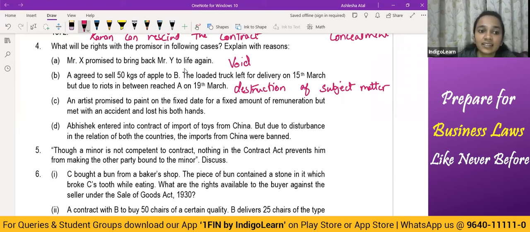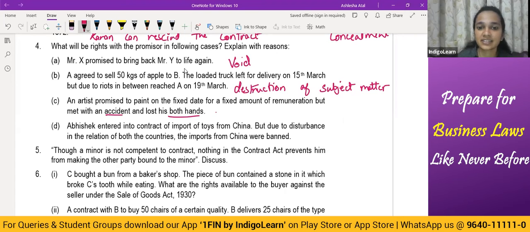The next case is an artist who promised to paint on a fixed date for a fixed amount of remuneration, but met with an accident and lost both his hands. Now this is a case wherein it requires a person's personal skill, personal talent. And since the artist has lost both his hands, it is no longer possible to complete the painting.